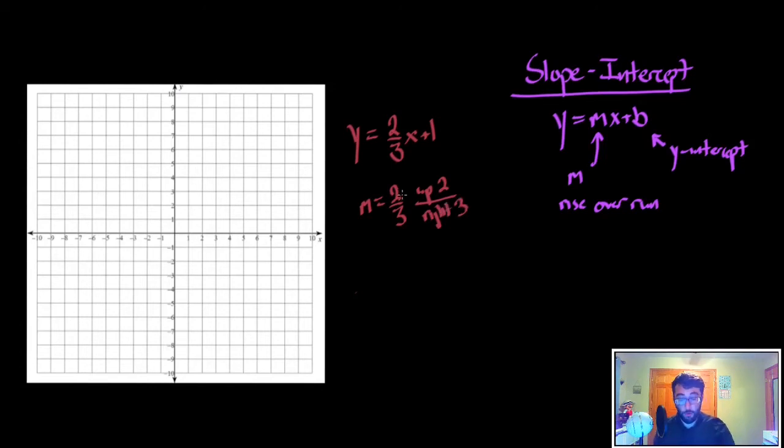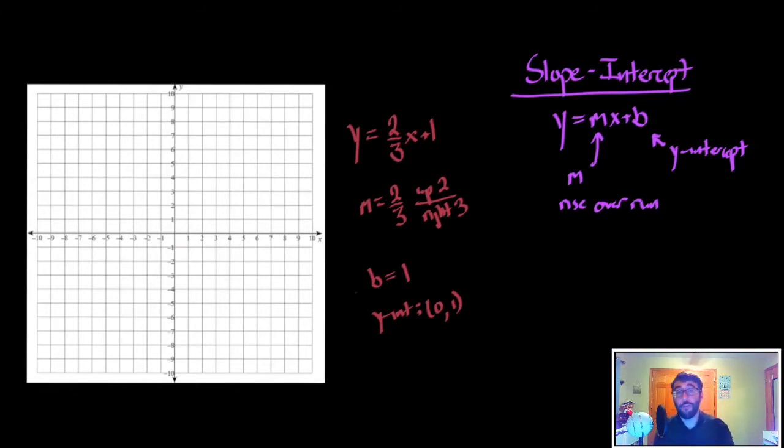And the number that is added to x, which in this case is 1, is our y-intercept. So the y-intercept for this particular line is the point (0, 1).